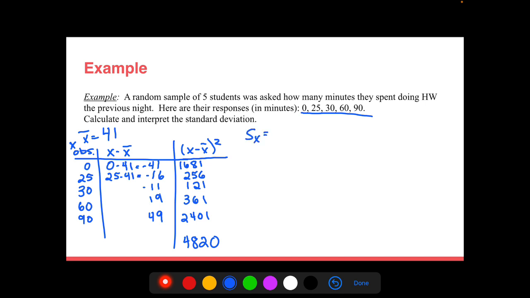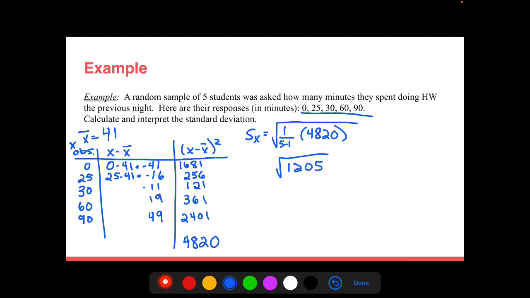Okay, so remember we have standard deviation. Here's our notation for it. We do the formula. So it's 1 over n minus 1, so n is 5, so 5 minus 1, and then times the deviations squared, which is 4,820. That gives us 1,205.